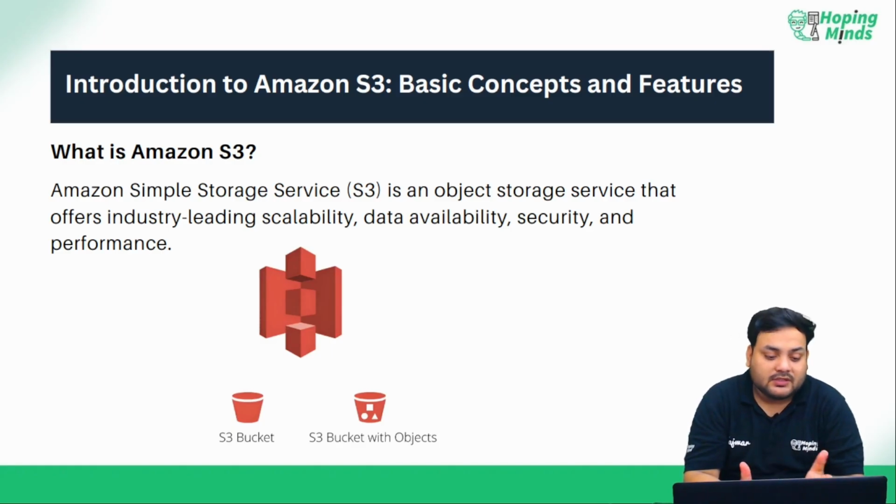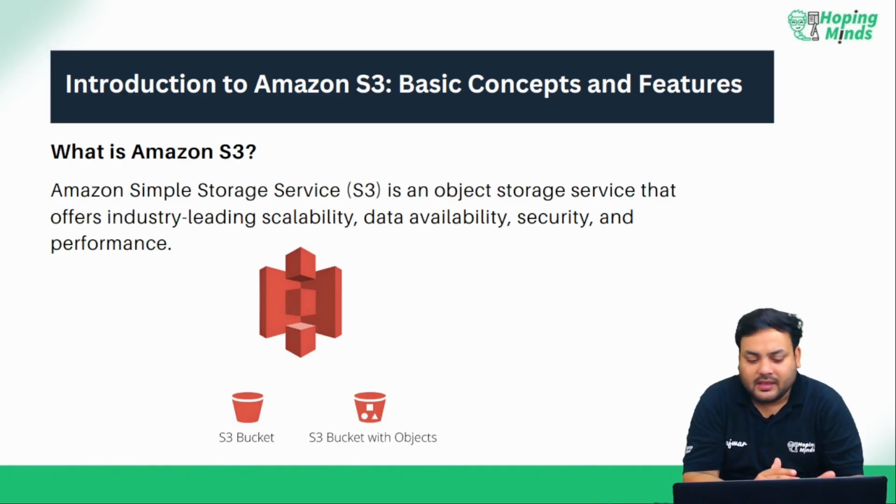As you can see on your screen, Amazon Simple Storage Service, which is S3, is an object storage service that offers industry leading scalability, data availability, security and performance. It is an object storage service, meaning whatever we store in S3 is treated as an object.